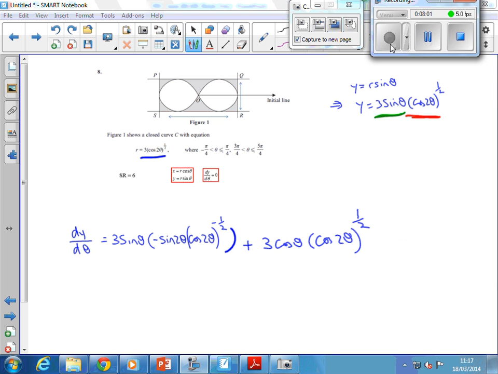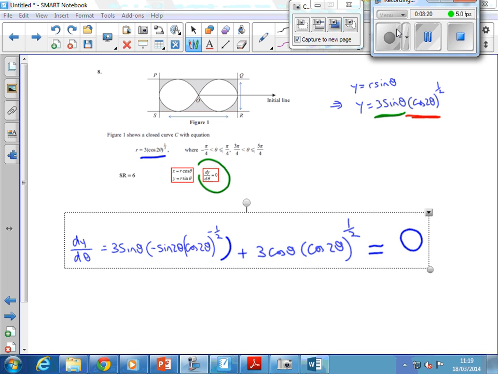From here, we know that dy by d theta has to equal 0. So this has to equal 0. And now we simply need to solve for theta. Now from here, if I multiply through by cos 2 theta to the power of a half, let's see what we get.